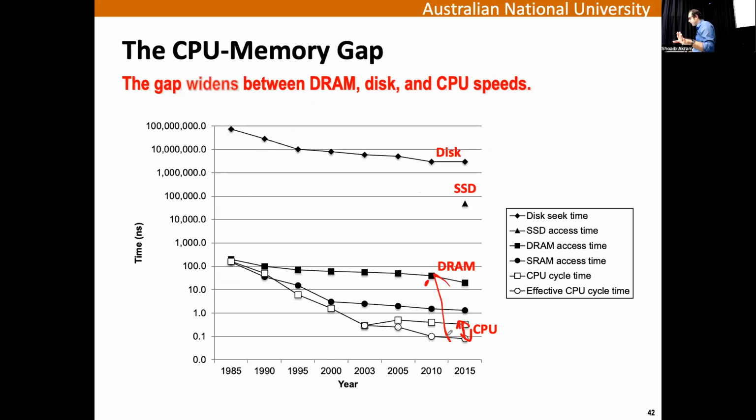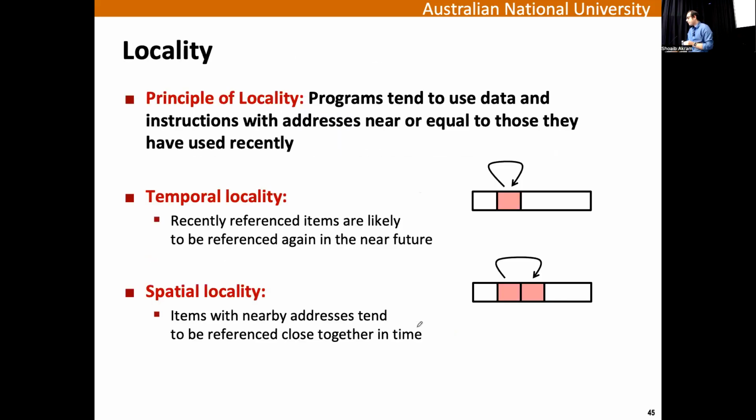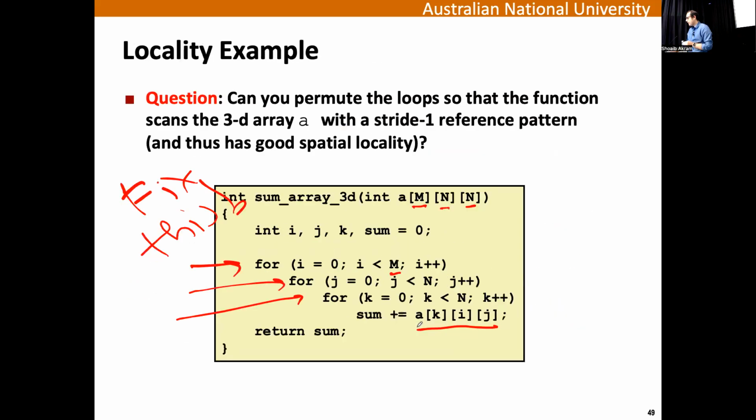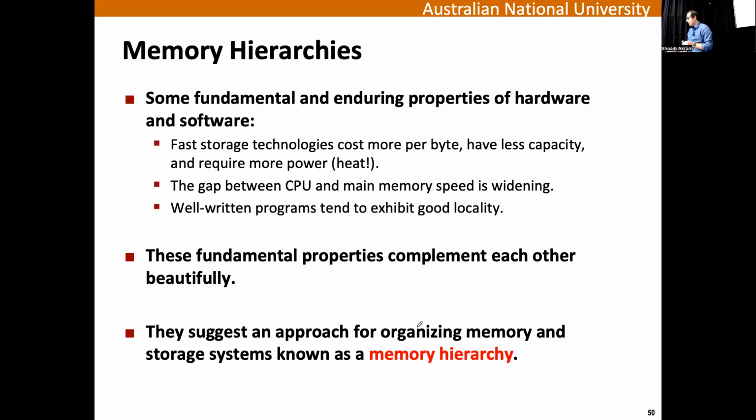The gap between DRAM and CPU is very, very large, and we need to bridge this gap somehow. So fast storage technologies cost more per byte. SRAM is very, very expensive, has less capacity, and requires more power.